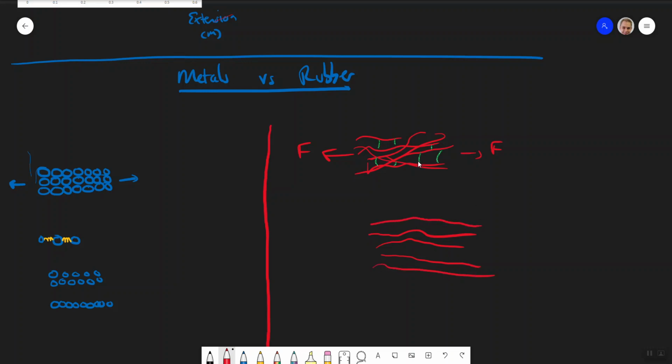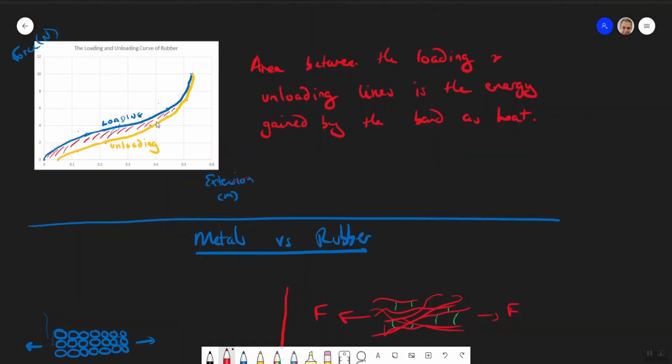We stop them being tied up so much, they become a bit more straight, and so it becomes quite easy to sort them out. And we get a big extension for little force. The reason we get a big extension for little force is because we break the little weak bonds, and then we stretch it quite a lot.